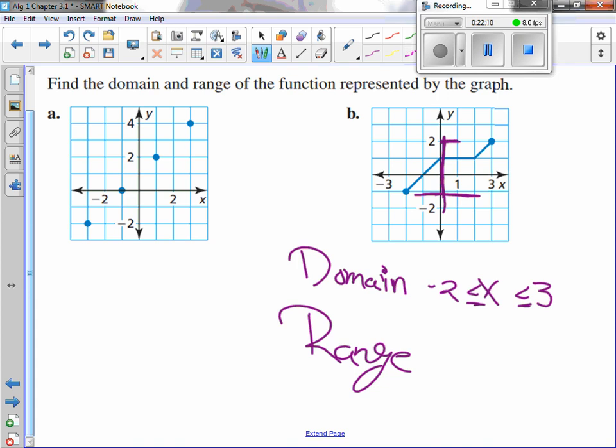It's pretty much like we're scrunching it onto that axis. We're seeing what is covered. It only goes down to negative 1 because that's the smallest value. y is going to be bigger than or equal to that, and it's also going to be smaller than or equal to 2. And we're going to include both of those values.